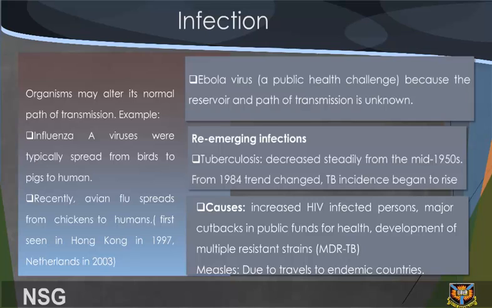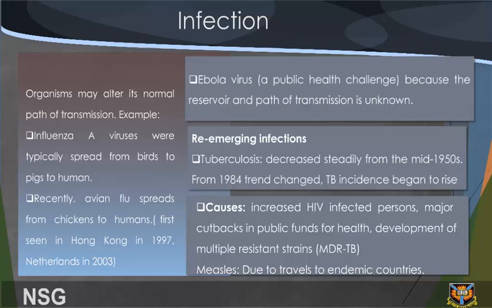Example: influenza A viruses were typically spread from birds to pigs to humans. Recently, avian flu spread from chickens to humans, first seen in Hong Kong in 1997, Netherlands in 2003. Ebola virus is a public health challenge because the reservoir and path of transmission are unknown.